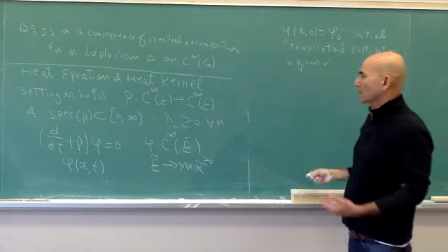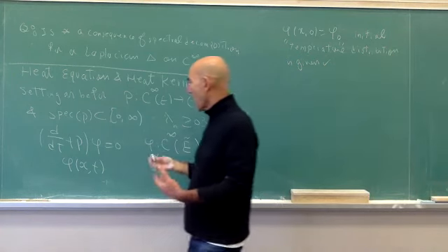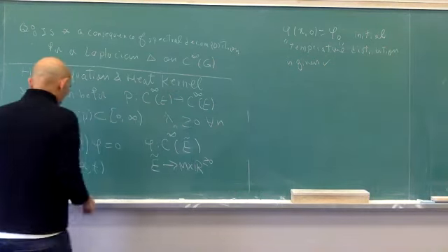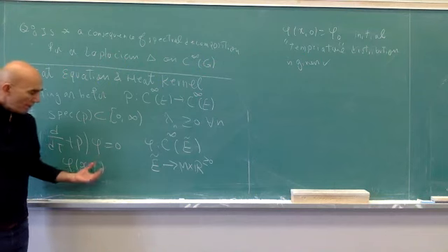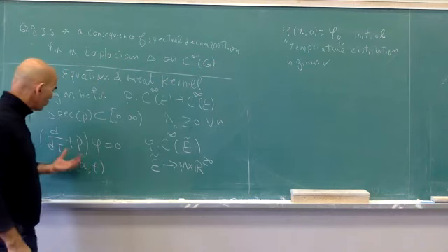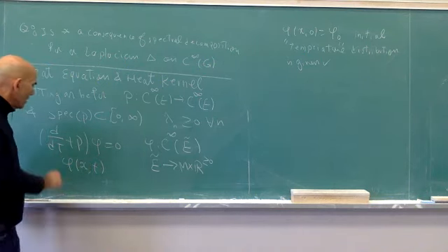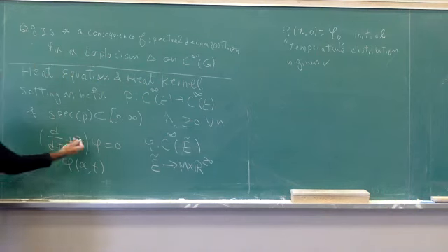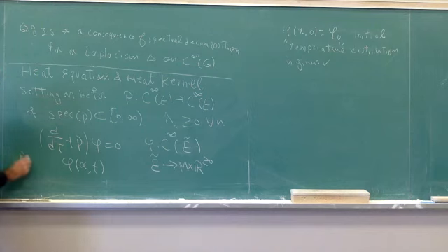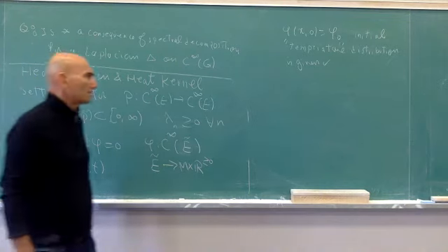The idea is that you have an initial section, phi of x and 0, and then you want to evolve this section in time following this evolution equation. So this is some harmonic evolution.